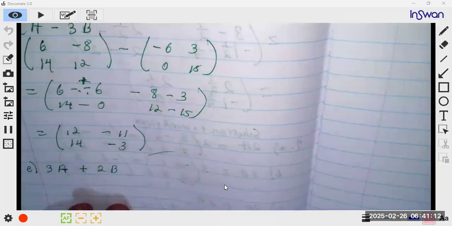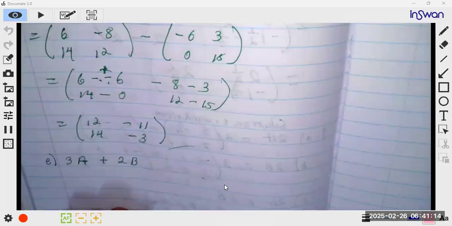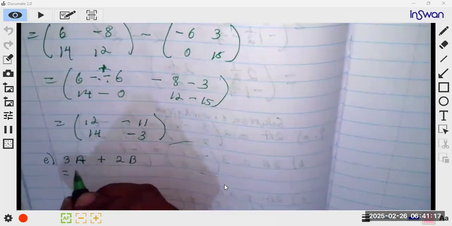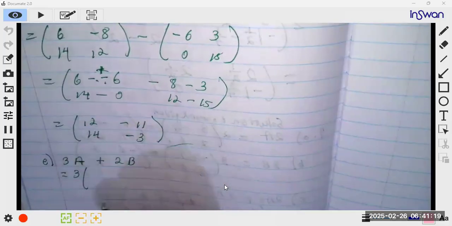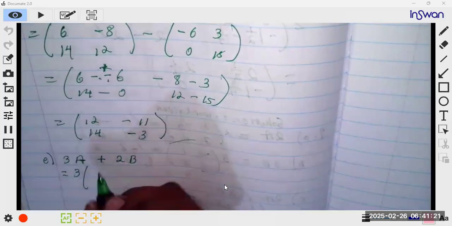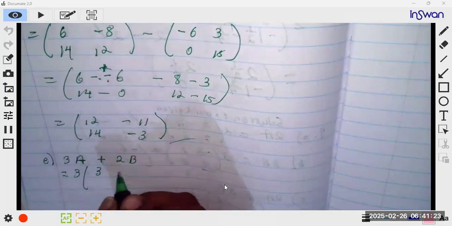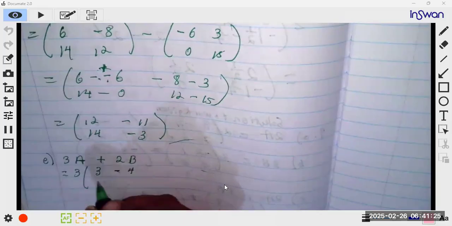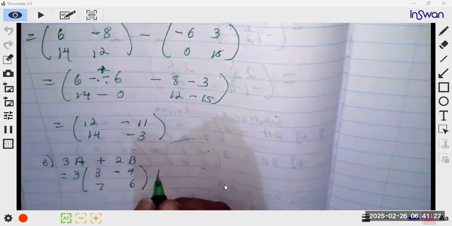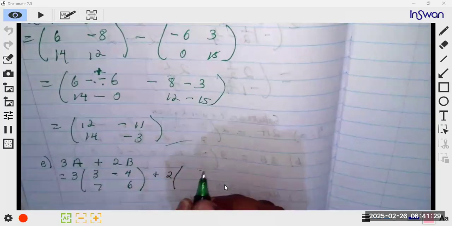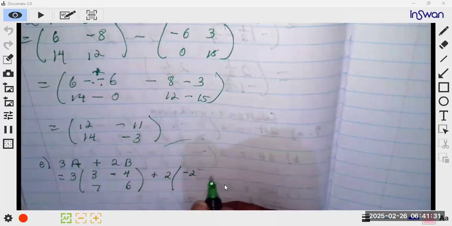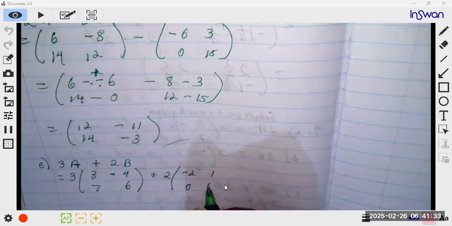So 3A plus 2B. 3 by, what is A? A is 3, minus 4, 7, 6. 2 by minus 2, 1, 0, 5.